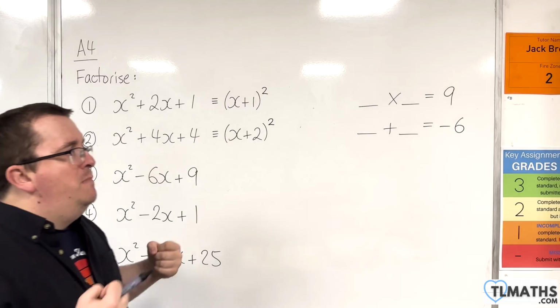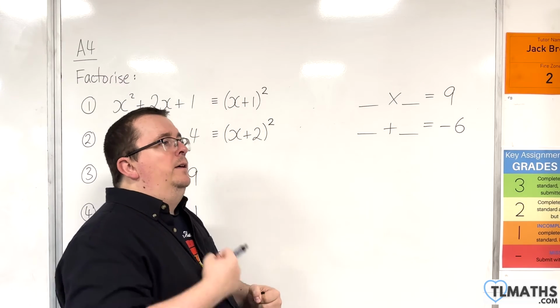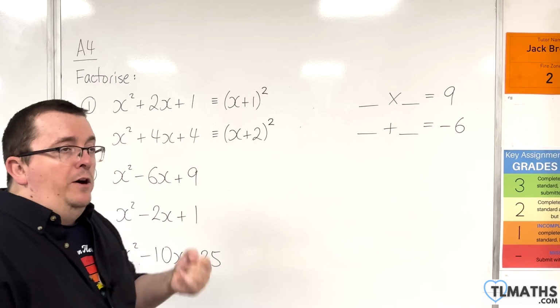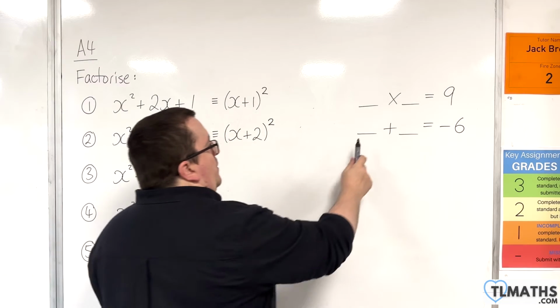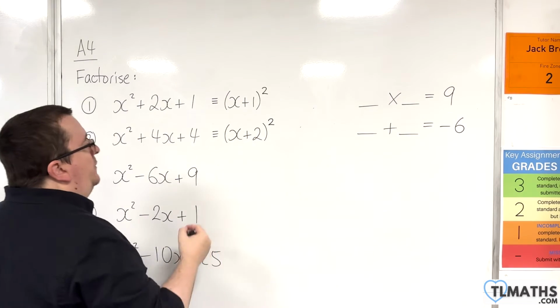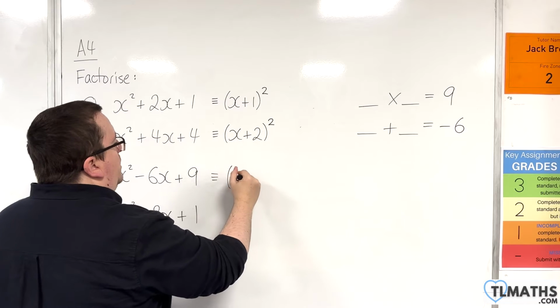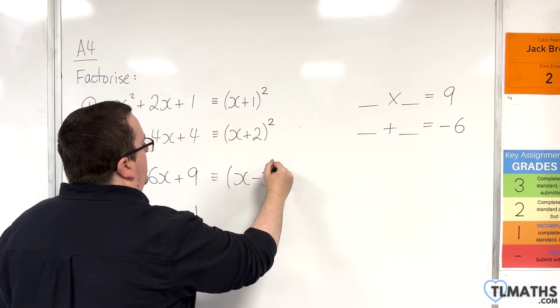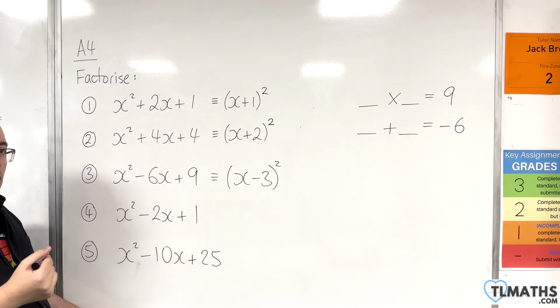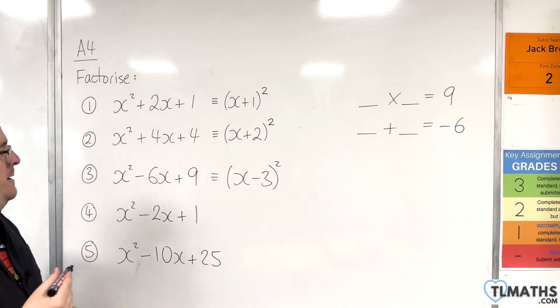So two numbers that multiply together to make 9 that are negative: minus 3 and minus 3, and minus 3 take away 3 is minus 6. So this is x take away 3 times x take away 3, or x take away 3 all squared. Okay?